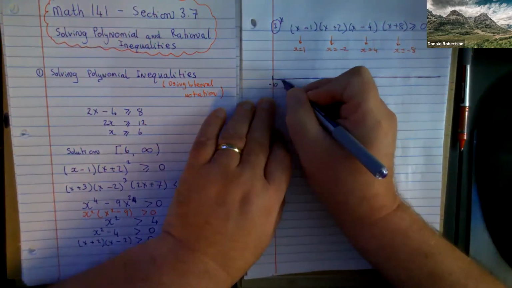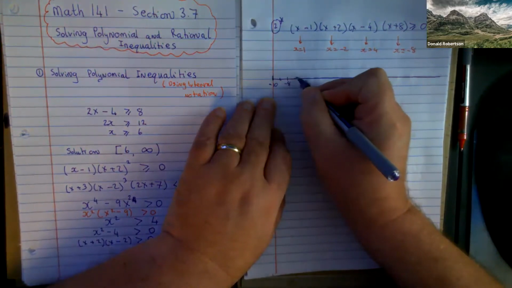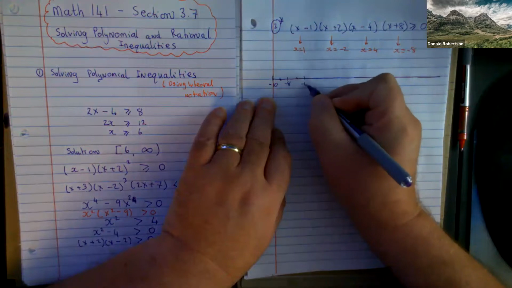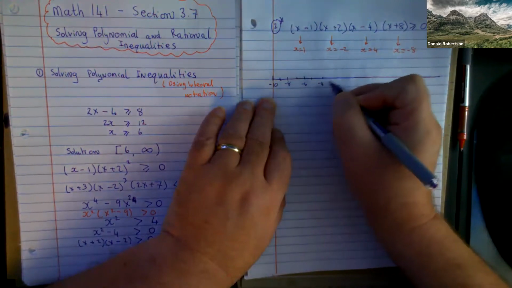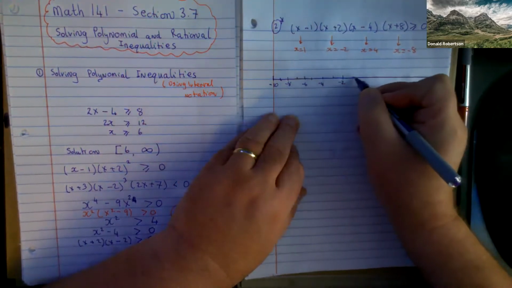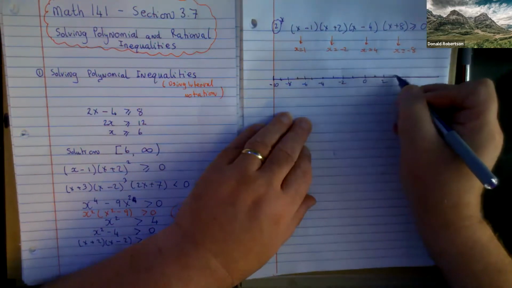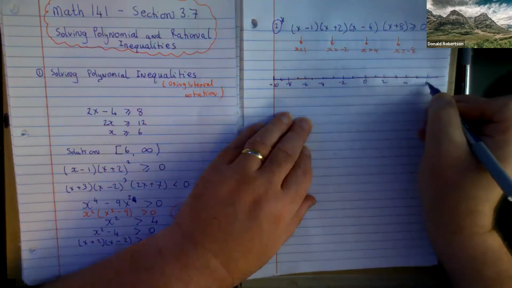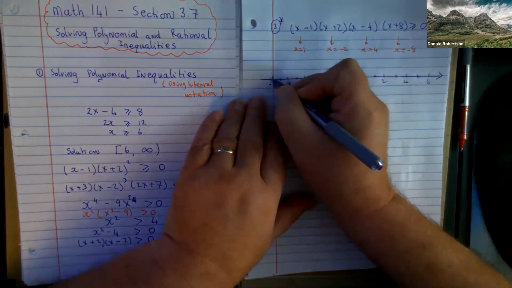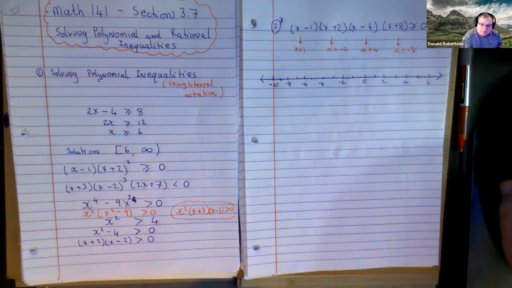So how about -10, -9, -8, -7, -6, -5, -4, -3, -2, -1, 0, 1, 2, 3, 4, 5, 6, right? Nothing wrong in having a few extra. So there's the number line.